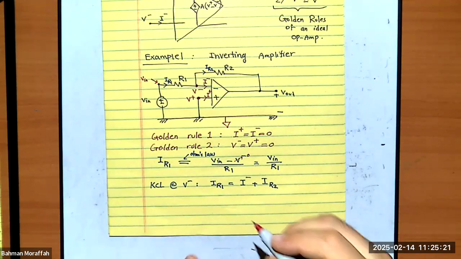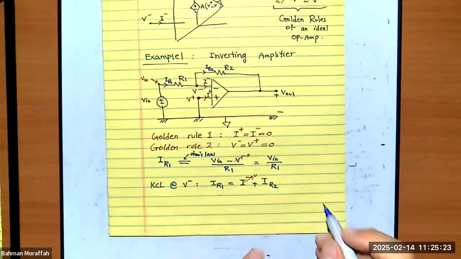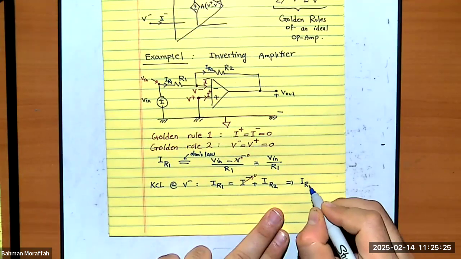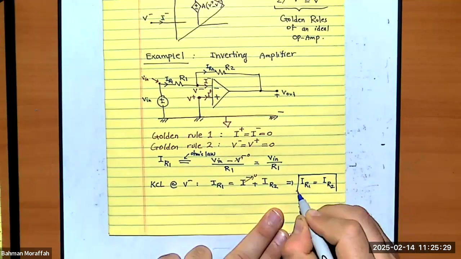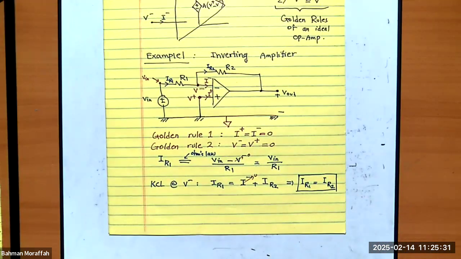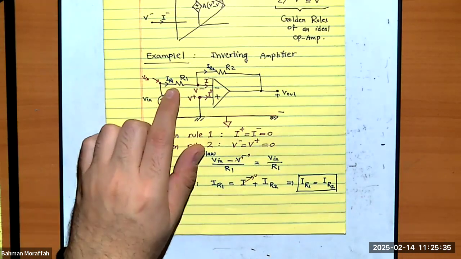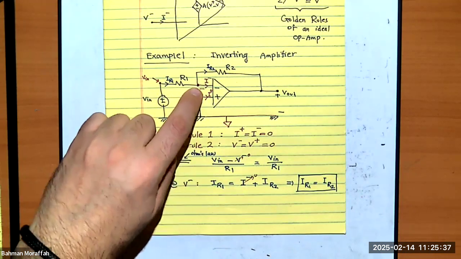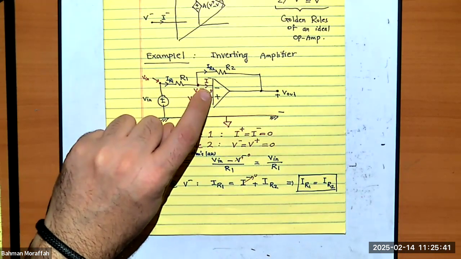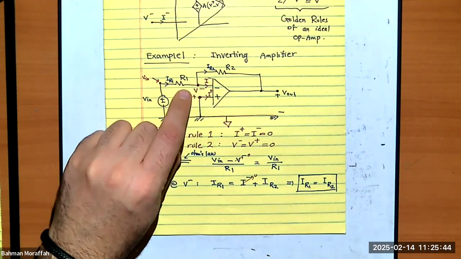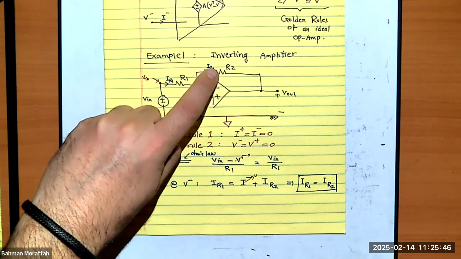It's 0. Therefore, I through R1 is exactly the same as I through R2. What that tells me is that if I have this I of R1 going into this node, there is going to be no leakage of current through this branch, and whatever current I have here is going to pass through this R2.